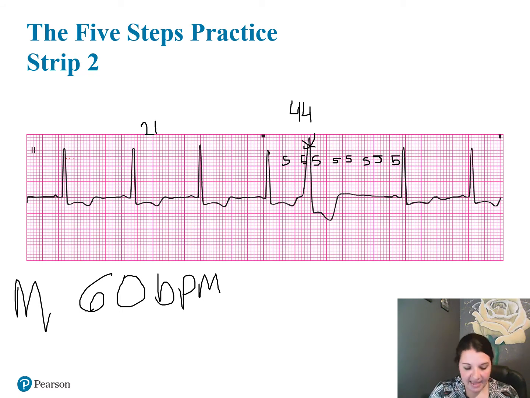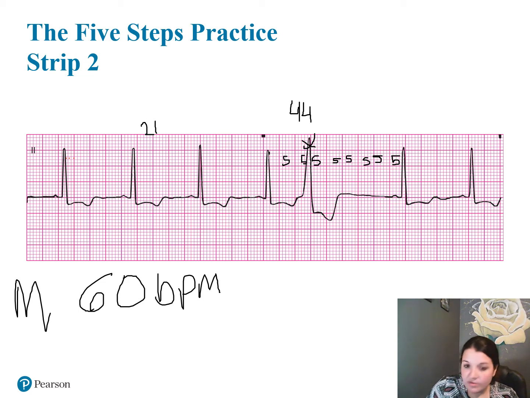To get that rate, I'm going to do the little box method, which is dividing 1500. So 1500 divided by 44 gives me 34, and 1500 divided by 21 gives me 71.